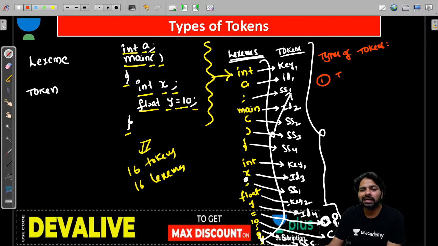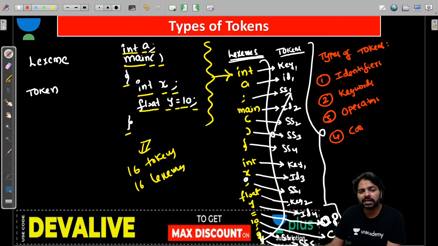One, identifier, the names. Second, keywords. Third, operators. Fourth, constants. Fifth, special symbols like punctuation and other things.